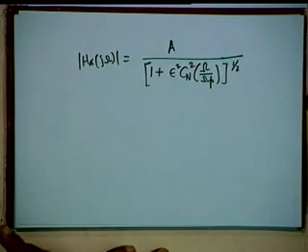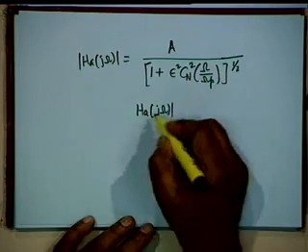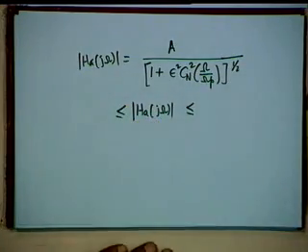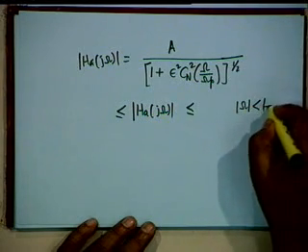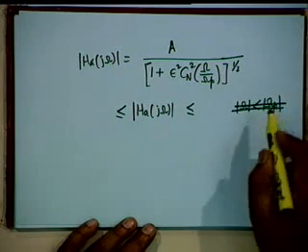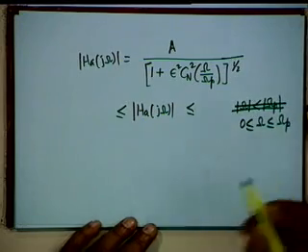Then the magnitude of H_a(j omega) shall obviously lie between two extremes for omega less than omega p. Since we are considering only positive frequencies, 0 less than or equal to omega less than or equal to omega p.